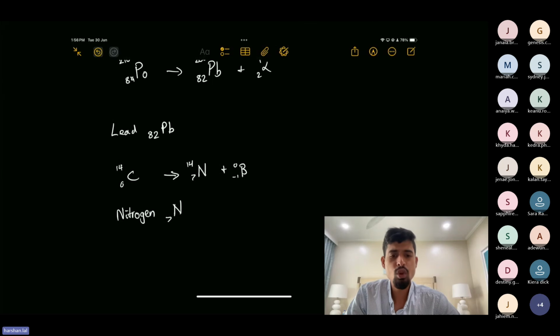And who is more susceptible to these kinds of symptoms? For ionizing radiation, I should say. Ionizing electromagnetic radiation, what symptoms occur and who is more susceptible to these symptoms?